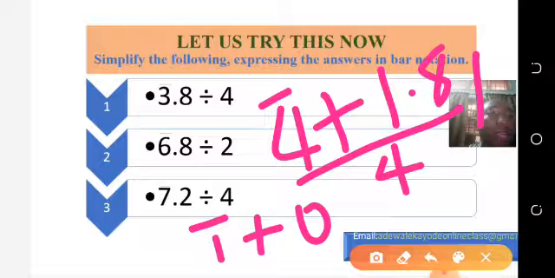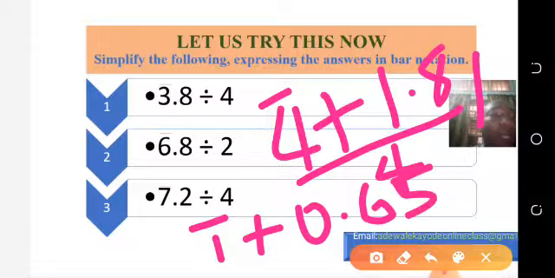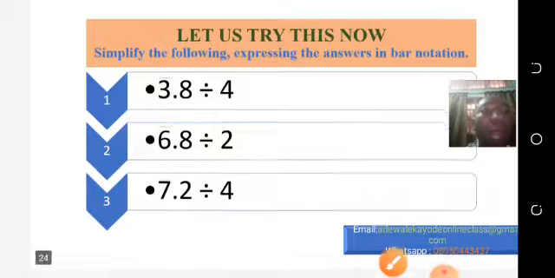18. How many 4 can we see in that? Good. That is 4. 4 multiplied by 4. That is 16. It remains 2. Add 0 to that. That is 20. 4 in 20. That is 5. Good. So we now have what?